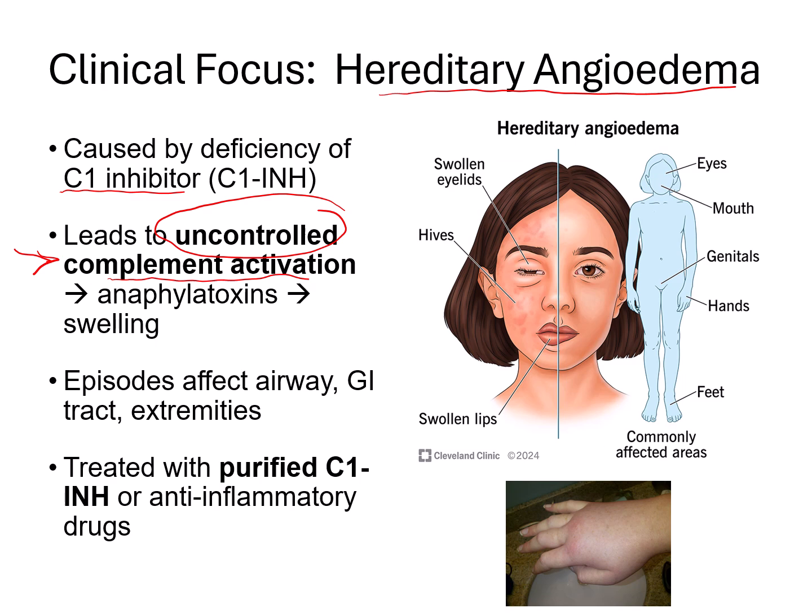When it becomes uncontrolled, this leads to an excessive production of anaphylatoxins, and severe swelling. We can see it in these pictures over here. You'll see swelling in the airway, the GI tract, the extremities, and treatment includes providing the patient with purified C1 inhibitor or other anti-inflammatory medications.